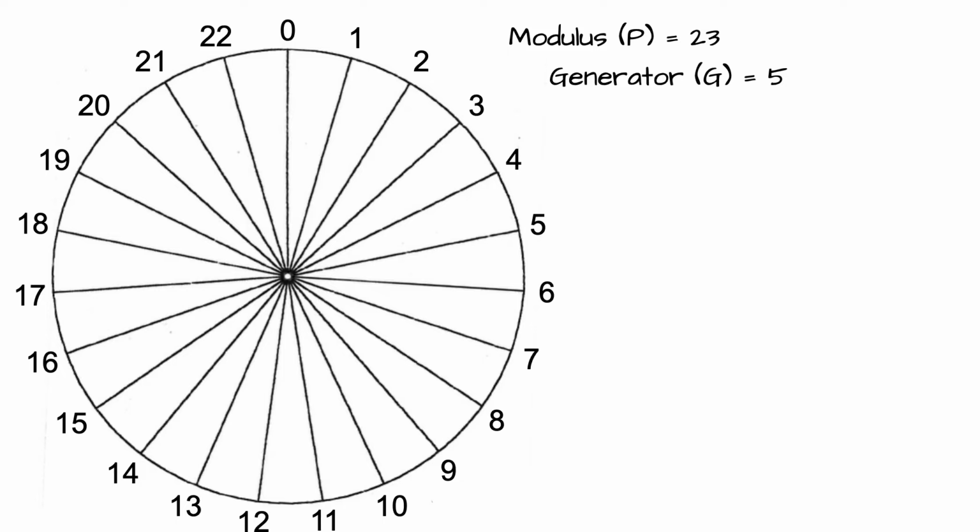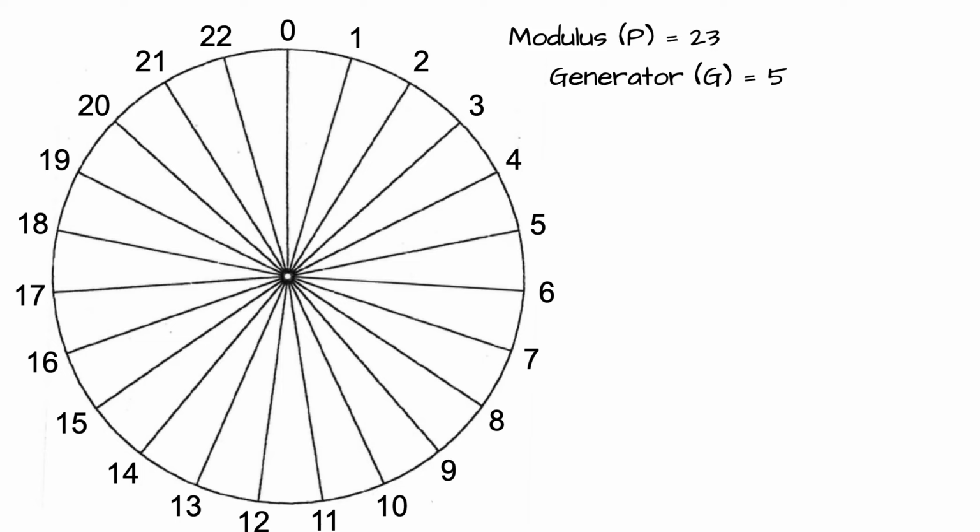So what we're really interested in is the remainder, right? 5 squared, 5 to the second power, is 25. If we start at 0 and go around the circle 25 steps, what it really amounts to is going around the circle one full time, and then we need to look at the remainder.